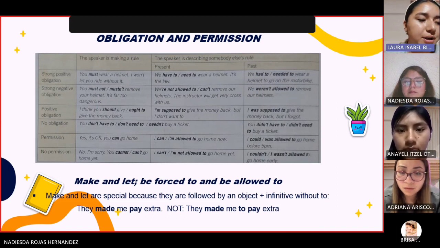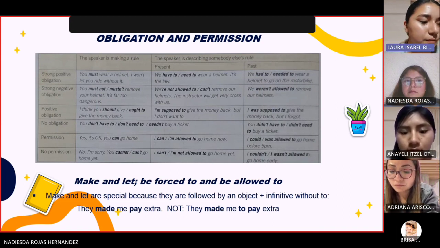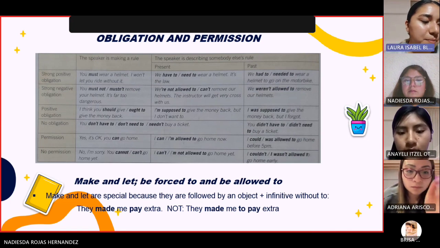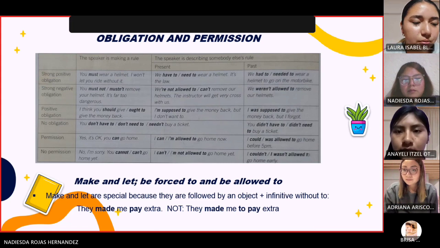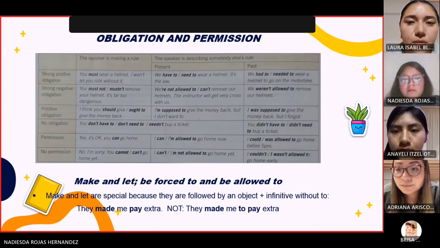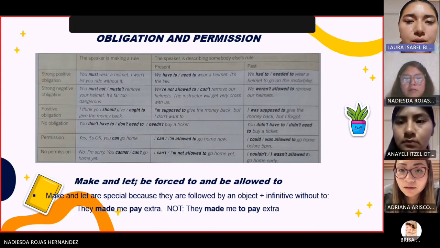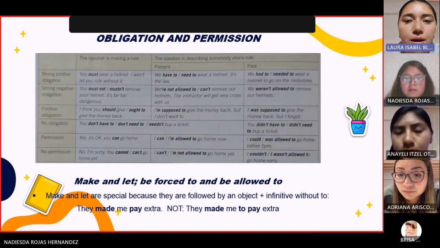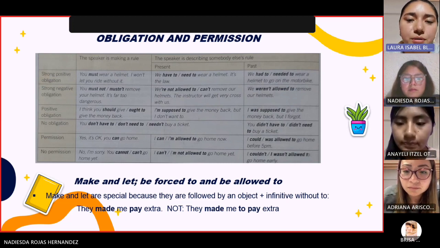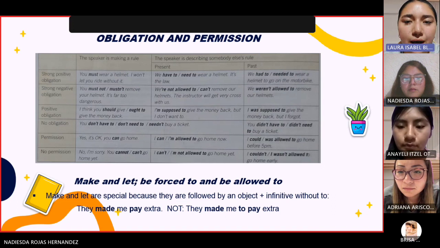Obligation and permission. Strong positive obligation, for example, you must wear a helmet. I won't let you ride without it. In person, we say we have to, I need to wear a helmet.